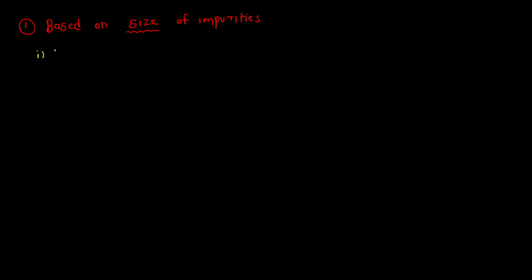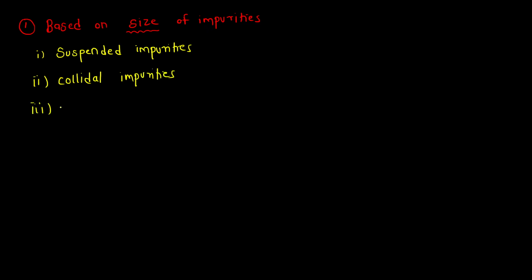The first one is suspended impurities. The second one is colloidal impurities. And the third one is dissolved impurities. So based on the size of impurities, it is classified into these categories.